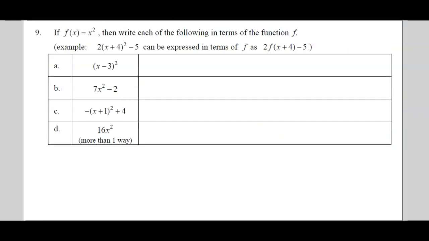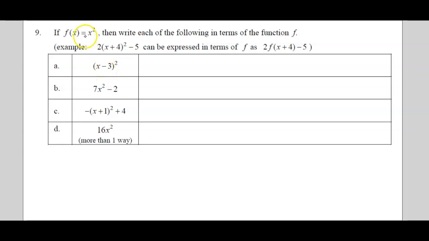Okay, next one. So now we're given a definition for f of x. It's f of x equals x squared. Write each of the following in terms of function. So we're going from the actual quadratic in this case and showing it in function notation. So kind of working backwards to what we did on Friday. So here, if I think about this, this is my answer.